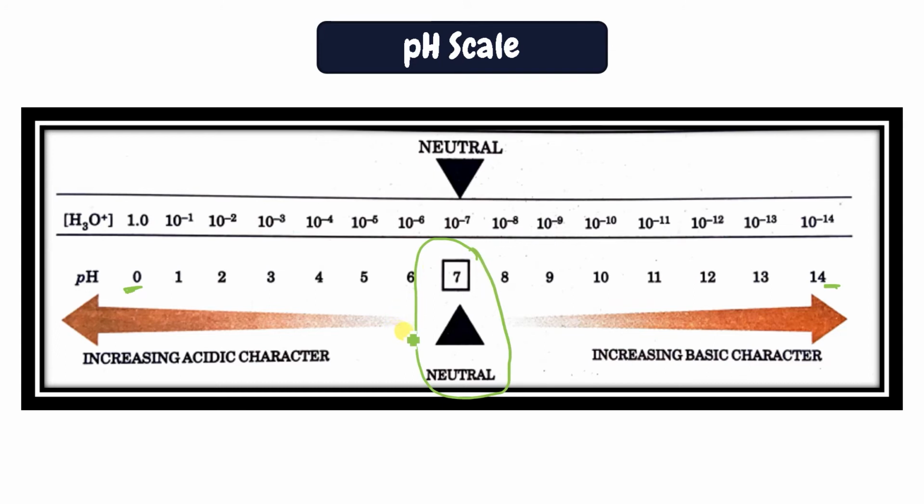If we go below 7, it will be acidic solution. And if we go above 7, it will be basic. So pH 14 means most basic, and pH 0 or 1 means most acidic. Yes, clear?